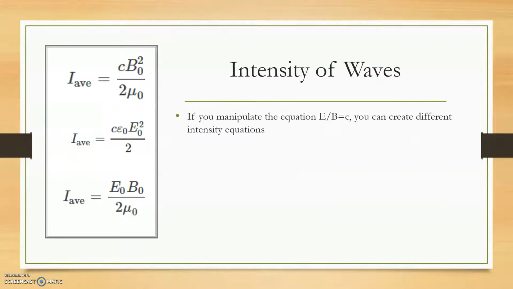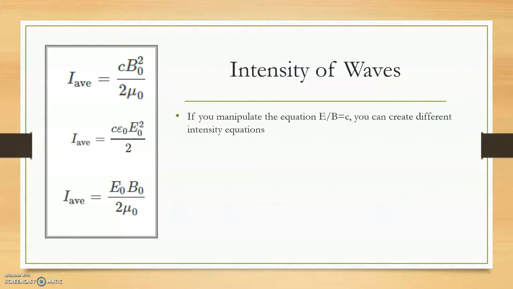So there's an interesting relationship that was found between the two field strengths in a wave that is expressed by the equation E over B equals c, E being the electric field strength, B being the magnetic field strength, and c being the speed of light. So as you see, the greater the electric field strength, the greater also the magnetic field strength must be.